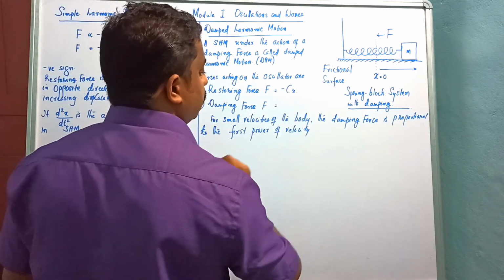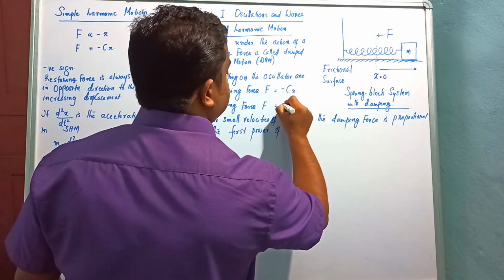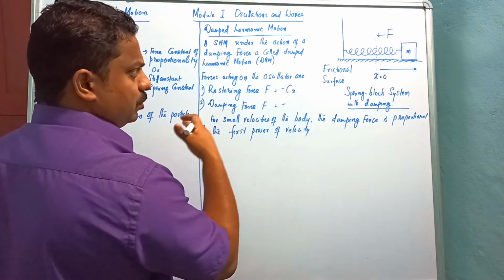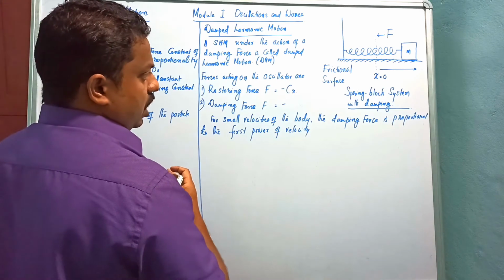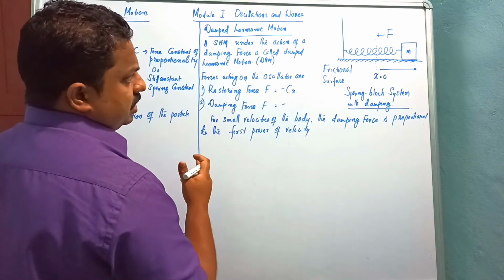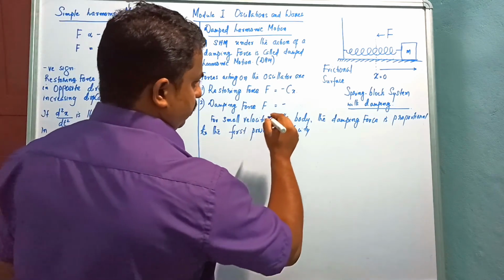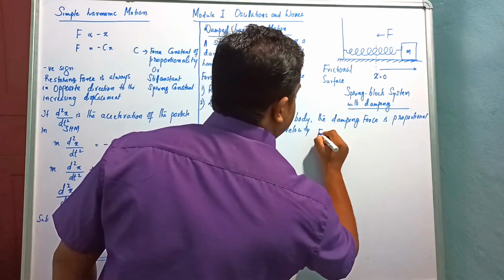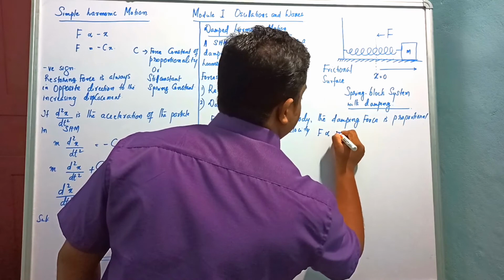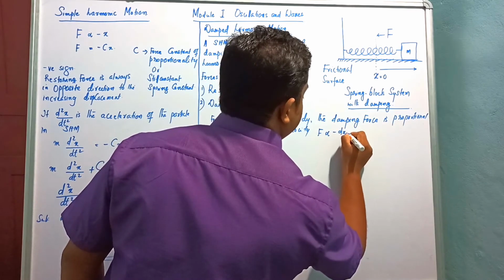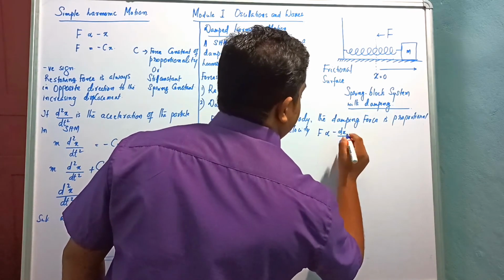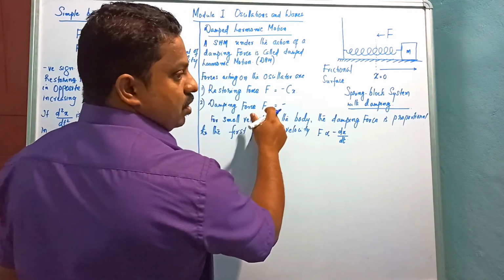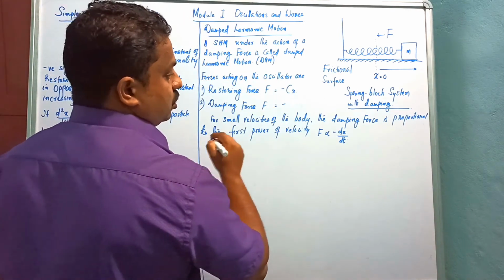So we can write F is equal to minus, because the damping force is also opposite to the direction of velocity, and if dx by dt is the velocity, F is directly proportional to minus dx by dt. To give an equal sign, we need a proportionality constant.